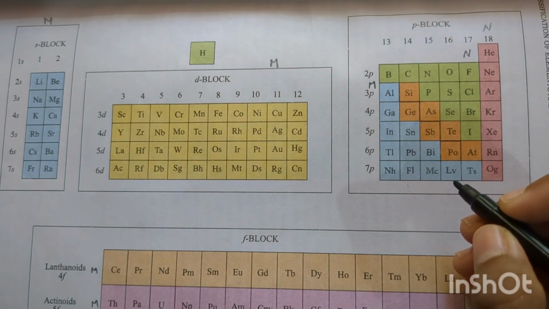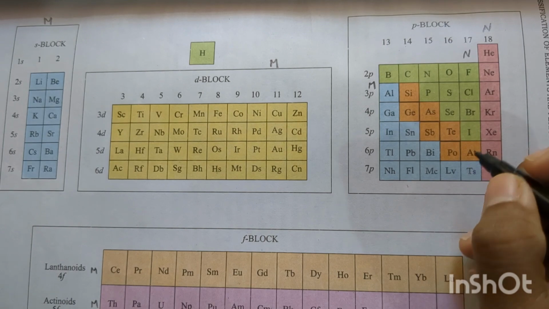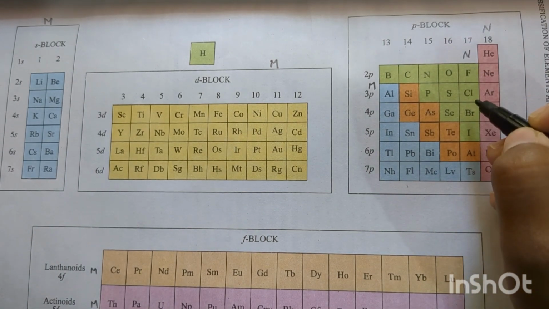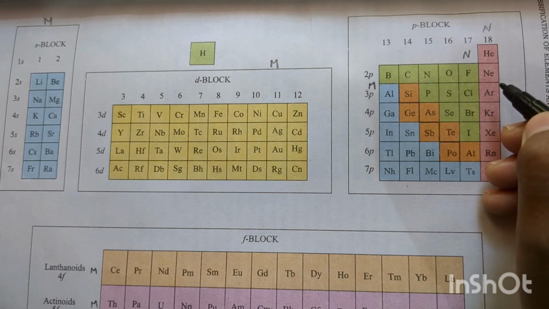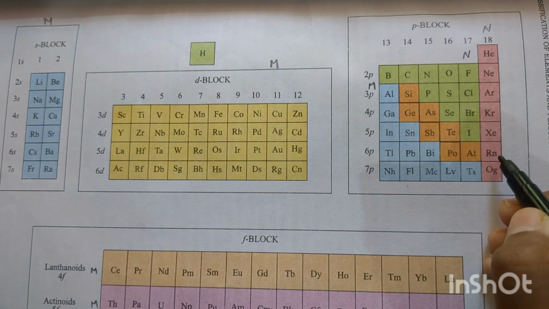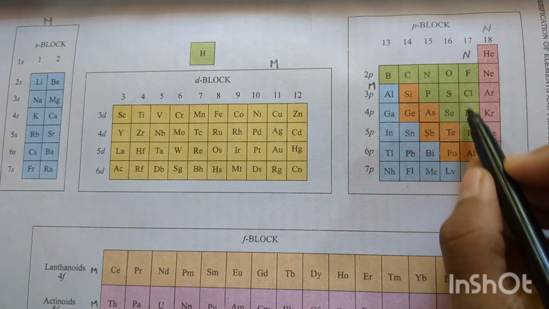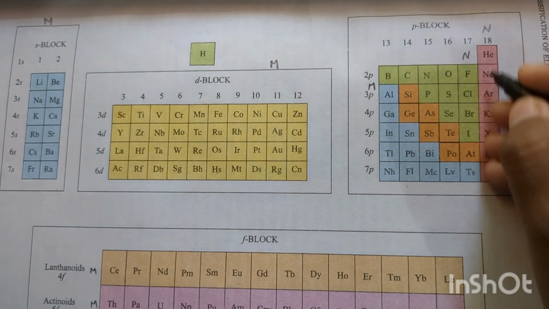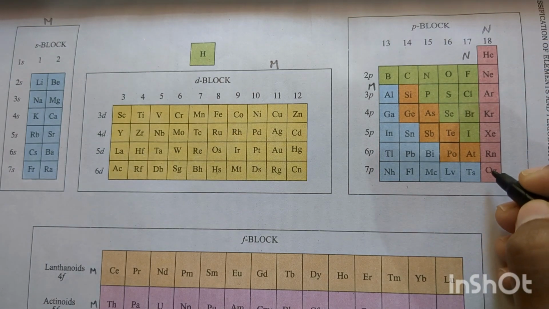Now in the case of non-metals, they are located at the top right hand side of the periodic table. These green colored ones, as well as the noble gases of the 18th group, are non-metals.